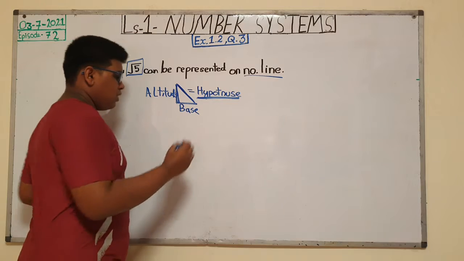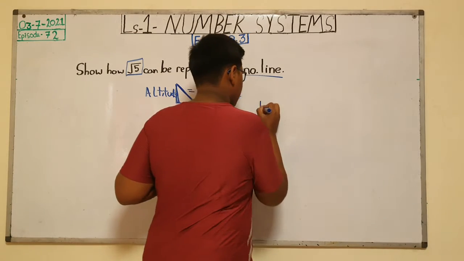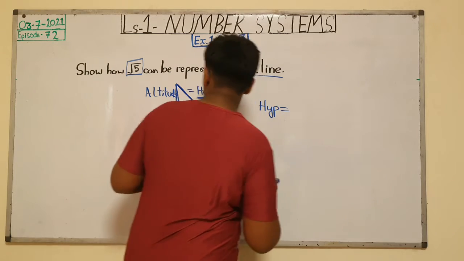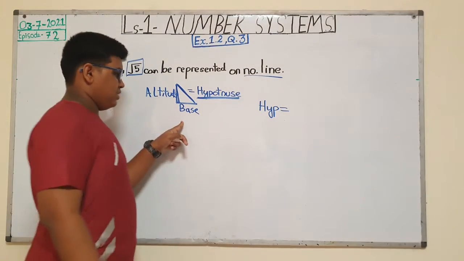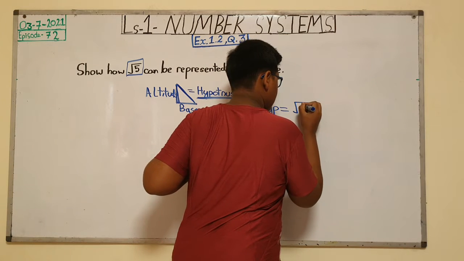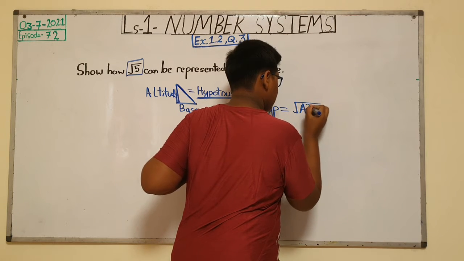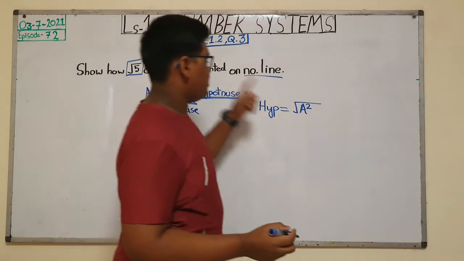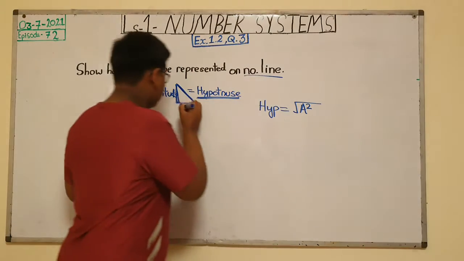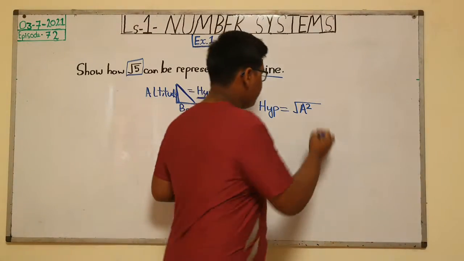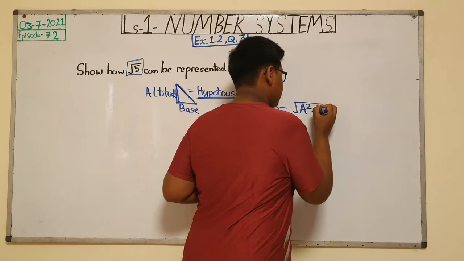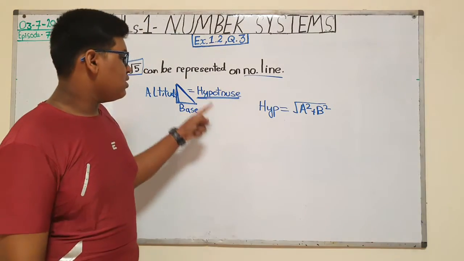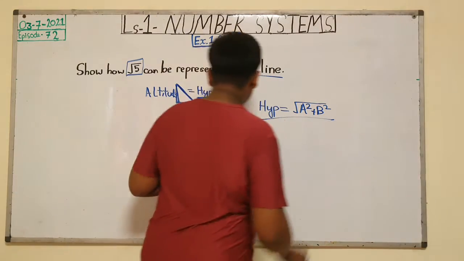The hypotenuse is equal to the square root of altitude squared plus base squared, because that is the formula. Now we have to substitute the values.